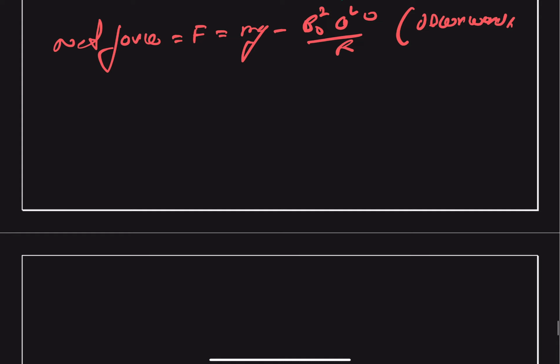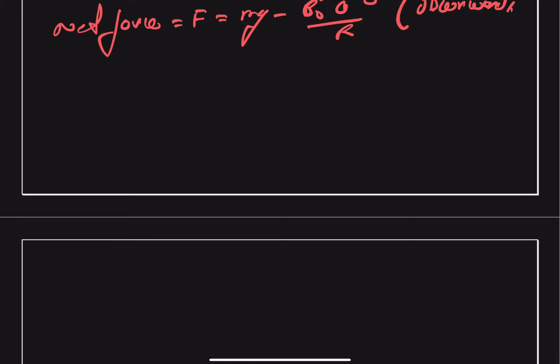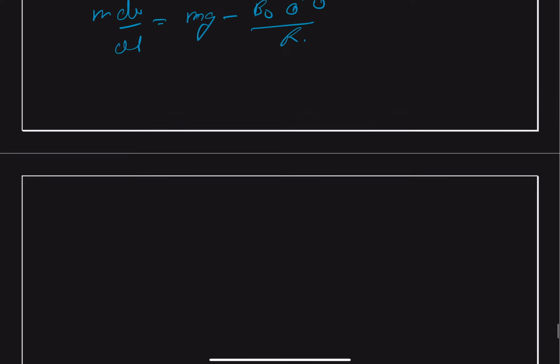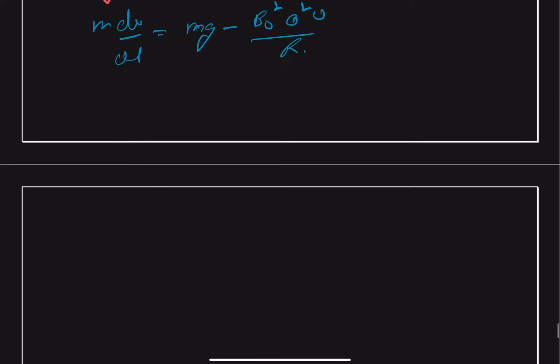And for F, we can write MA, and A can be written as dV by dt. So we get M dV by dt is equal to mg minus B naught square A square V divided by R. And we can just solve it.